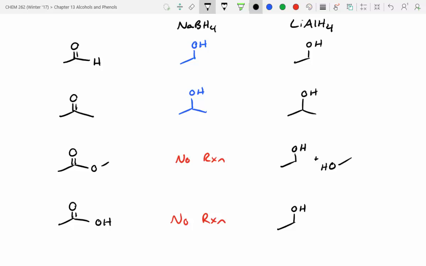So in this case, lithium aluminum hydride will reduce aldehydes, ketones, esters, and carboxylic acids, but sodium borohydride will only reduce aldehydes and ketones. Make sense? Okay, so let's continue on and we'll discuss diols a little bit and then do some practice as well.